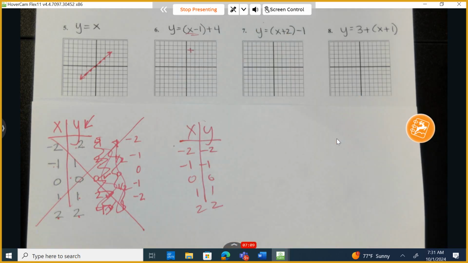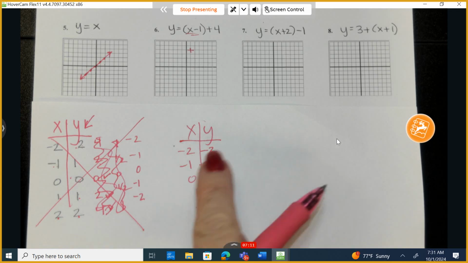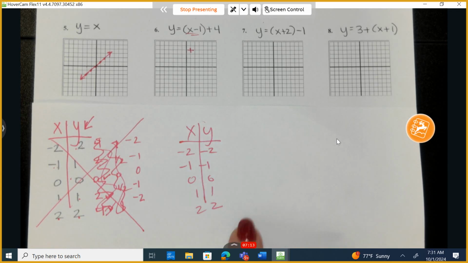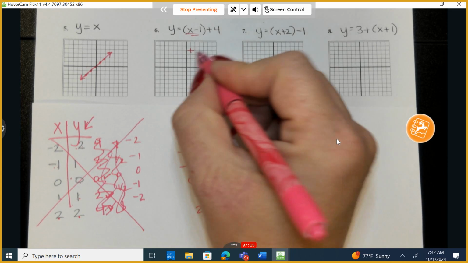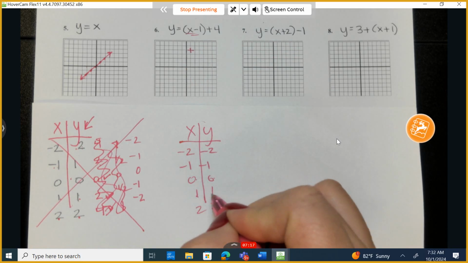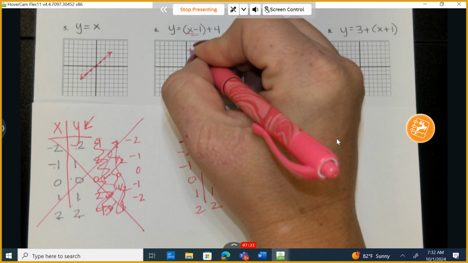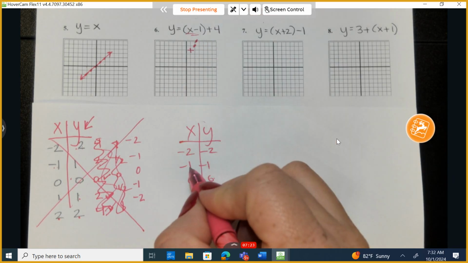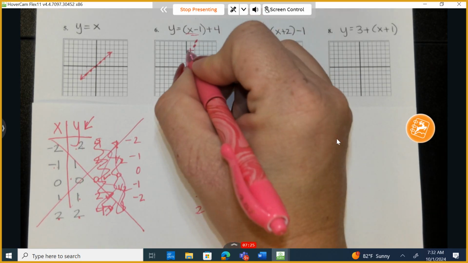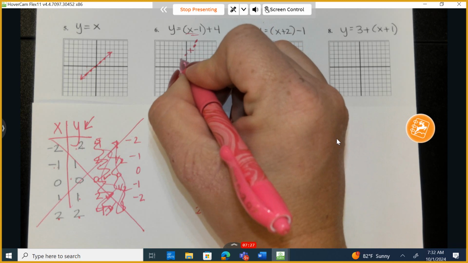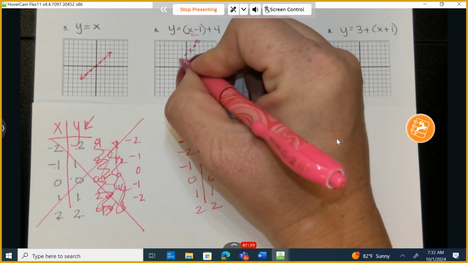This is my new origin. From that, I apply this exact same thing. This is 0, 0. Then I'm going to go over 1 and up 1, to the right 1, up 1, to the right 2, and up 2. And I'm going to do the same thing going the opposite direction. Left 1, down 1, and left 2, down 2.